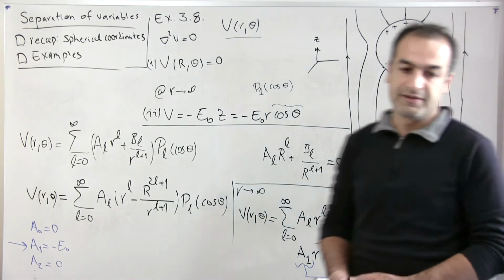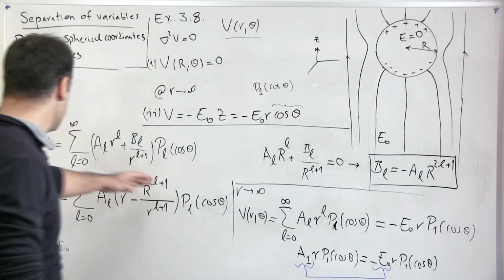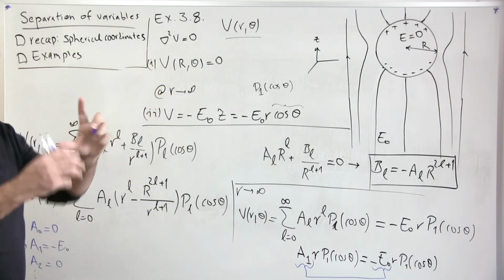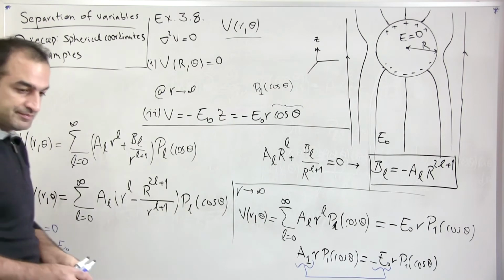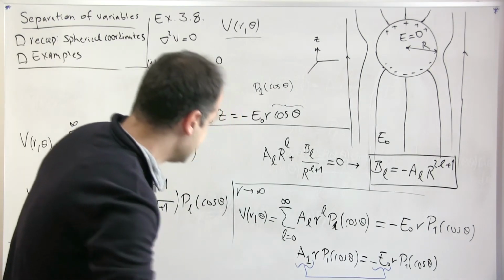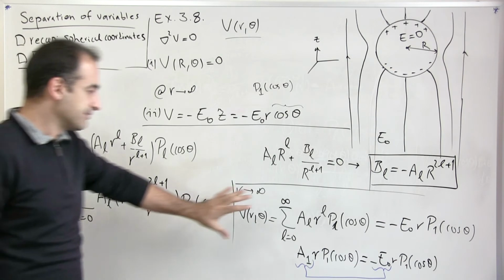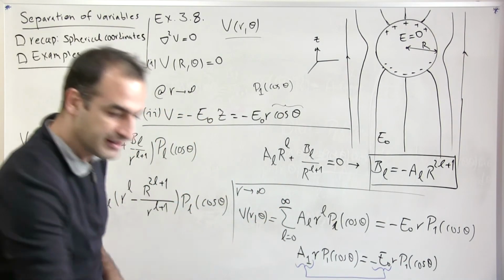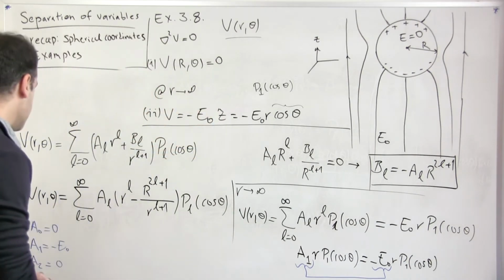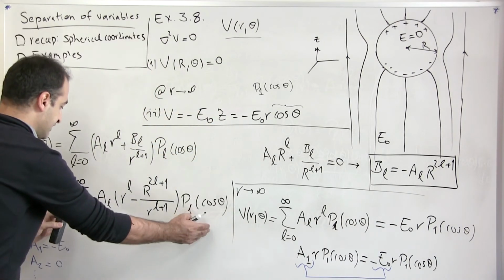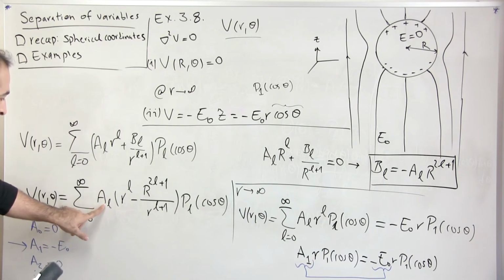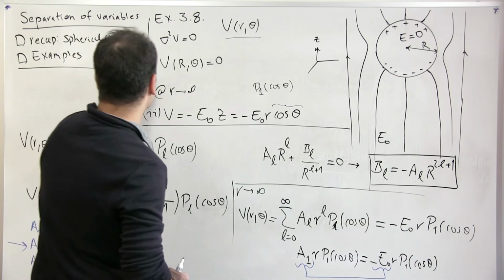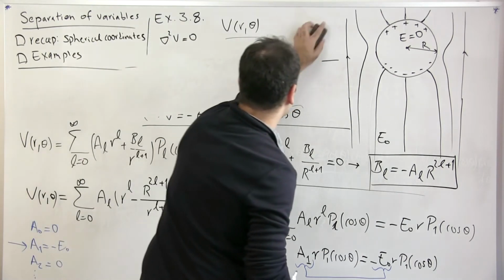And with the form of equation we had already here, we were already fitting the first boundary condition on the surface of the sphere. So very nicely, at the end, all the summation just disappears. We can work with one single term. That means the final solution is not in the form of this summation, but only one A1 value, negative E naught.